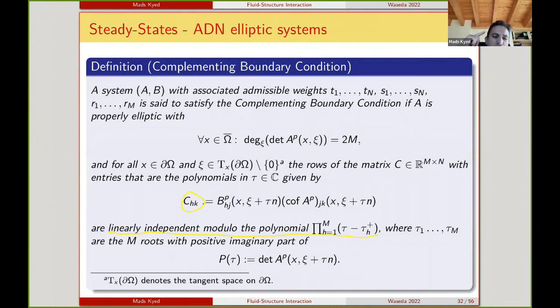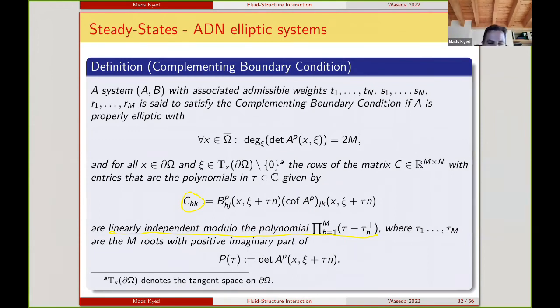We denote all the roots of our characteristic polynomial by tau, and for this condition we need just those roots with positive imaginary parts.